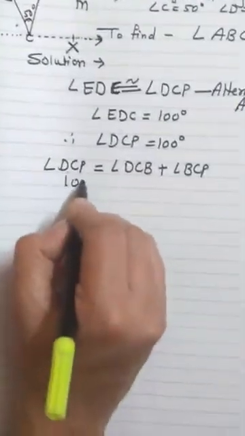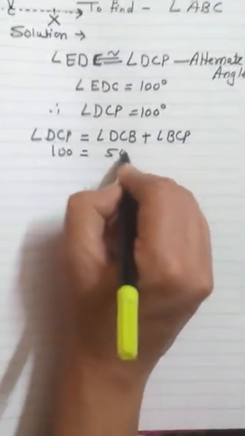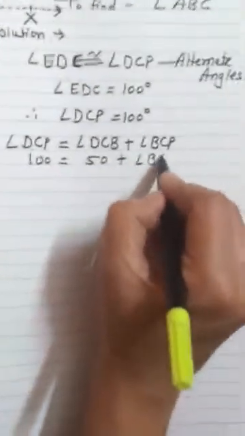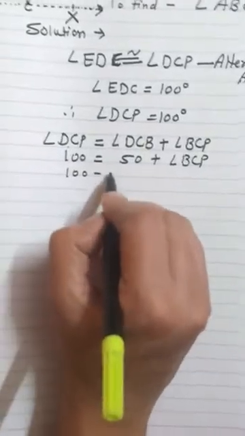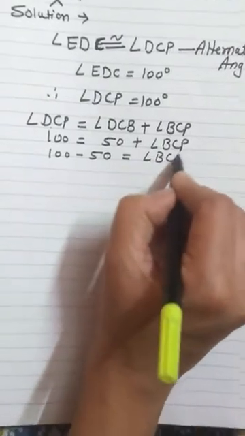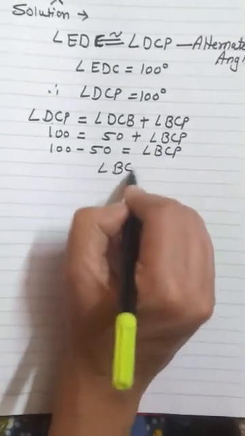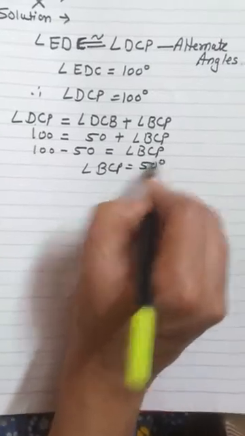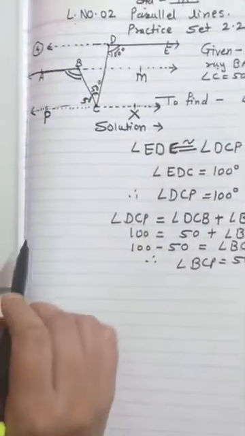This is 100. This is 50 plus angle BCP. Shift 50 here. 100 minus 50 is equal to angle BCP. So angle BCP is 50 degree. Okay children, so this angle is 50 degree.